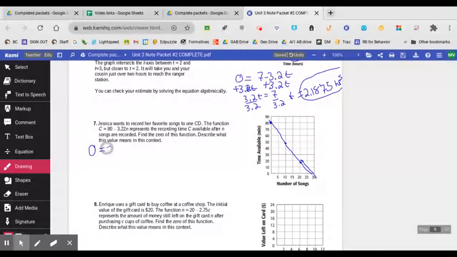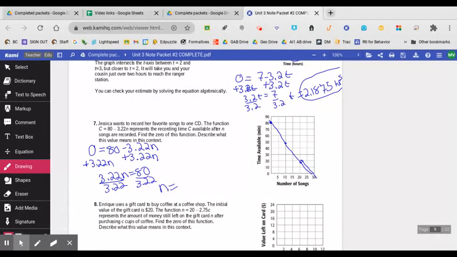So 0 equals 80 minus 3.22n. I add 3.22n to both sides. And I get 3.22n equals 80. Divide both sides by 3.22.